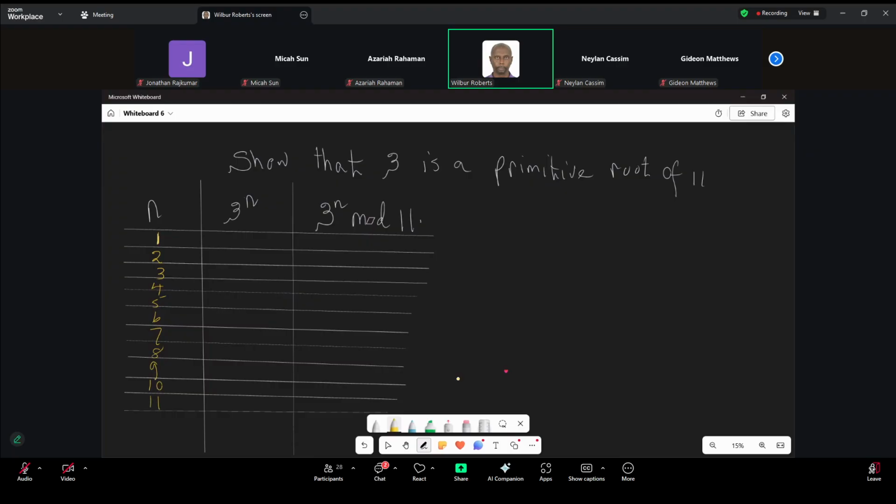So on the 3 to the n column, when you reach 3 to the 5 and 3 to the 6 and so on, you could use your calculator and find the values here. And for 3 to the n mod 11, you could go online and type in online modular calculator, or online modulo calculator, and you'll get one and you can work out the column.